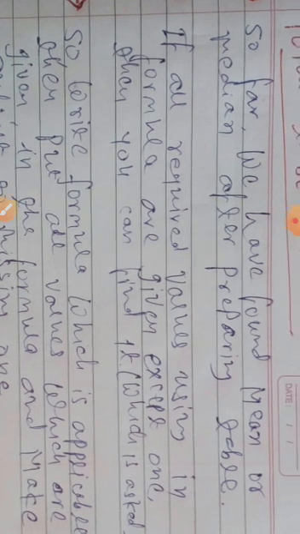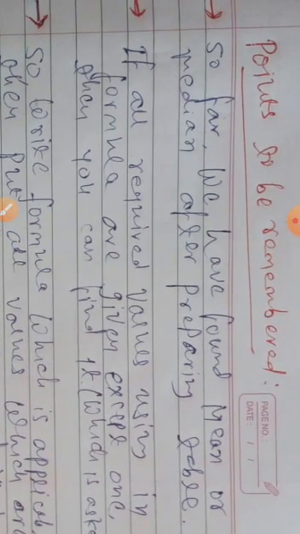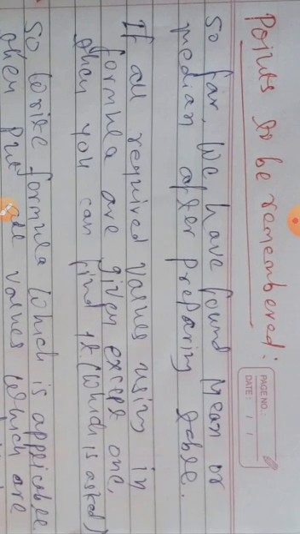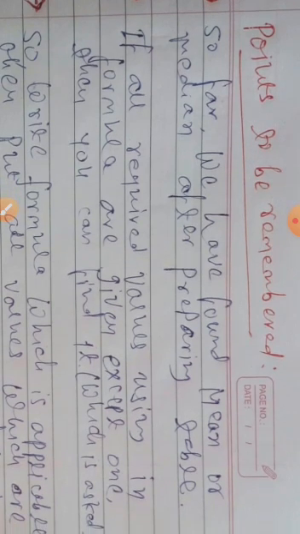Okay, so I have written here points to remember. So far we have found mean or median after preparing a table. If all required values used in the formula are given except one, then you can find the one which is asked. In this type of case questions are short, either 1 mark or 2 marks.